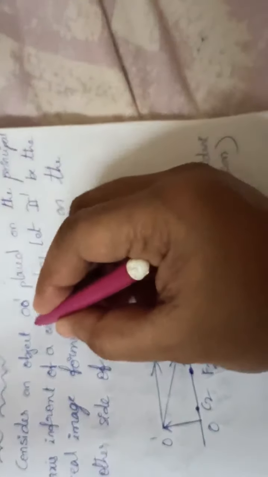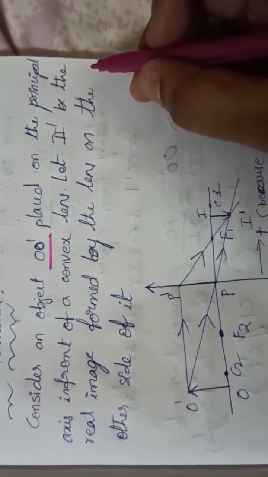So for this, consider an object OO dash placed on the principal axis in front of a convex lens. Let I dash be the real image formed by the lens on the other side of it. So here I am considering a convex lens, children.